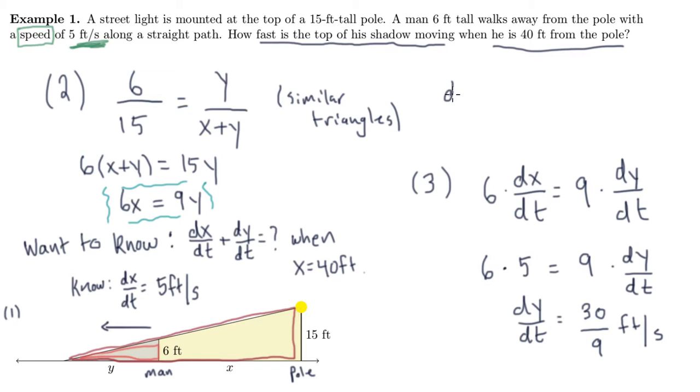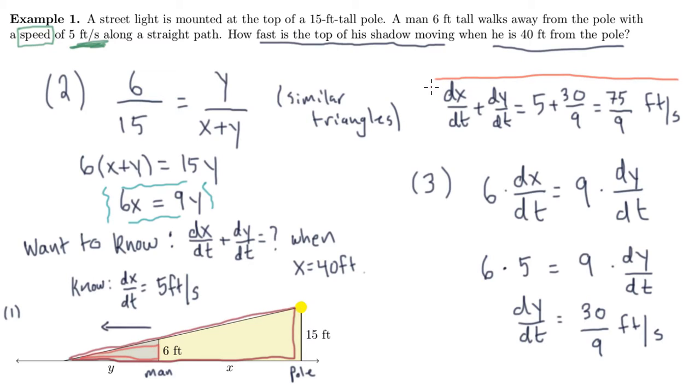So what is dx/dt plus dy/dt? Well, that's just 5 plus 30 over 9. And if you like adding fractions, I mean, who really does like adding fractions? But if you do, I believe this is 75 over 9. And the units are feet per second. And so, of course, that's just a little bit bigger than 8 feet per second.